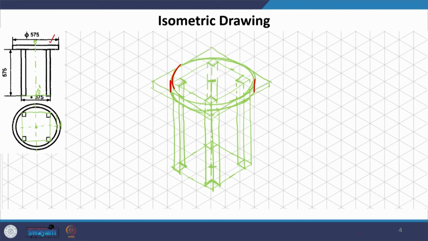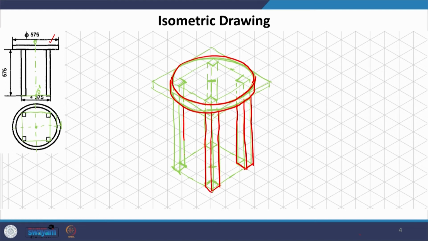So, we can just finalize this one, this is the circular plate of the stool. This is the visible portion of the legs. So, all we had to do was exactly ascertain where the legs are going to be placed, and then just draw the sections and then put them all together. This is the stool with straight legs and a circular top.